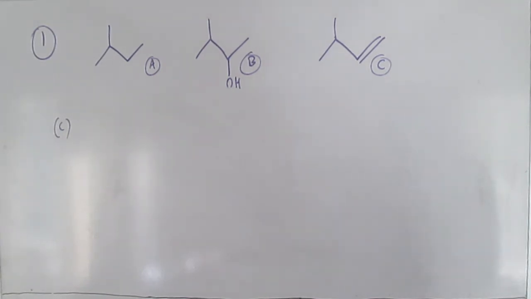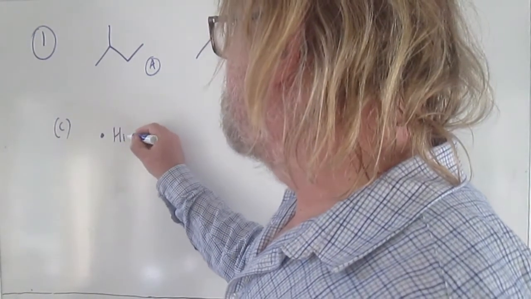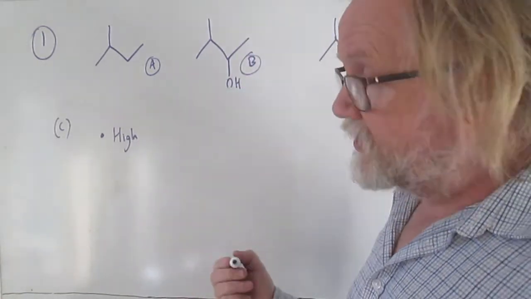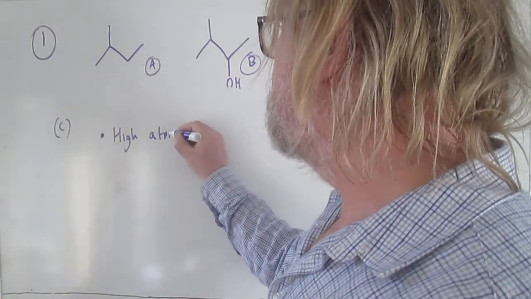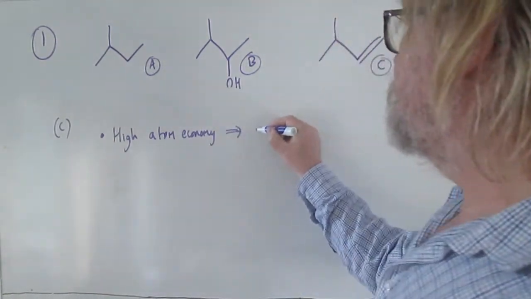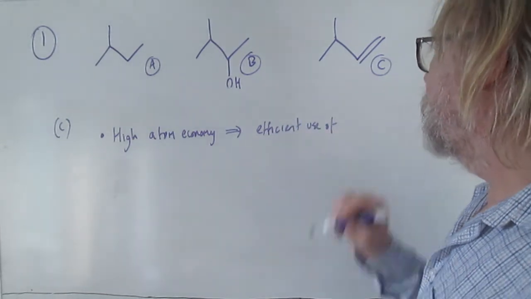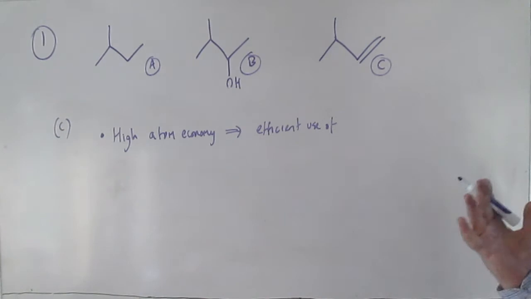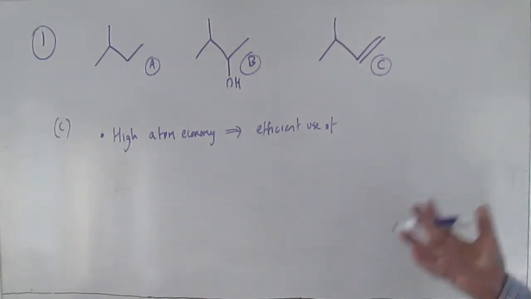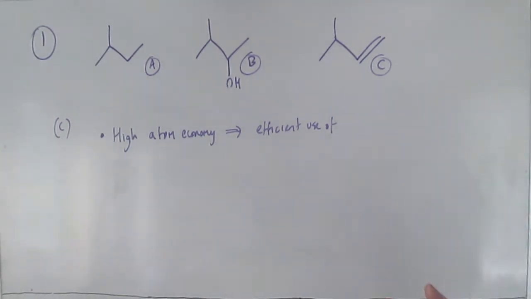And so there are really two issues here. The first is that it's about making efficient use of those resources you put in. So high atom economy means that you're making efficient use of raw materials, and raw materials in this reaction will basically be petrochemicals, stuff that's been made from crude oil. And of course the crucial thing about crude oil is it's finite, it's going to run out one day, so we should use it wisely.